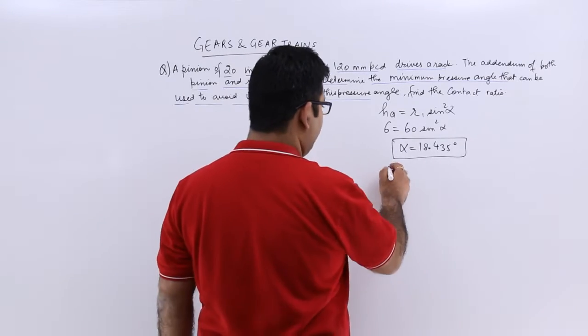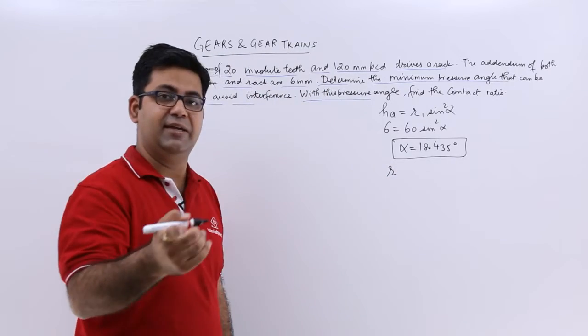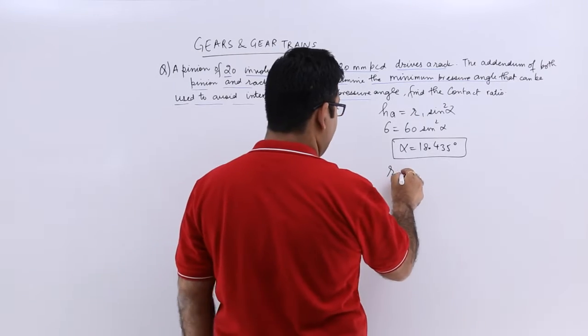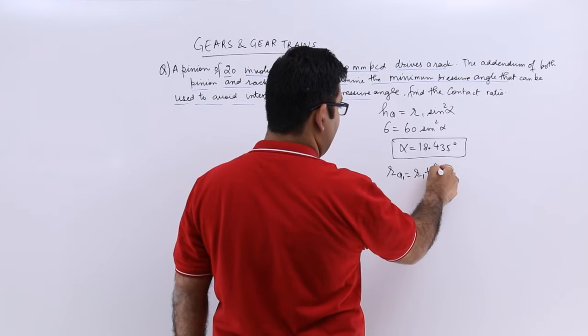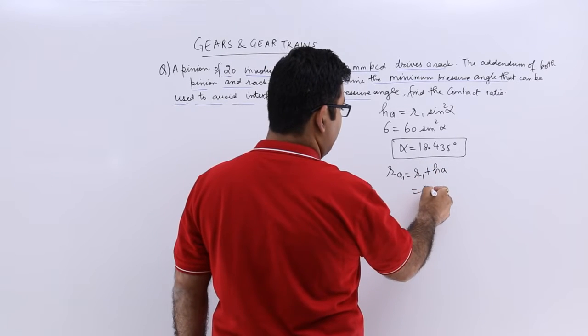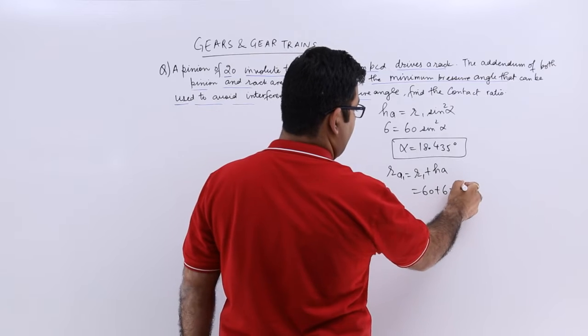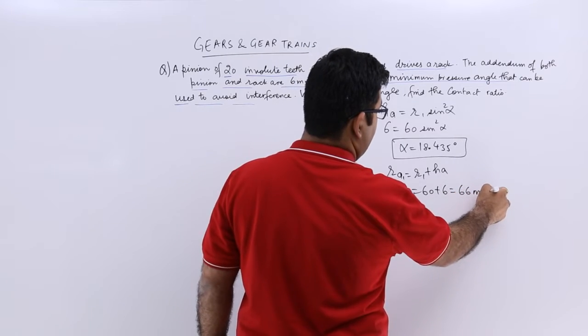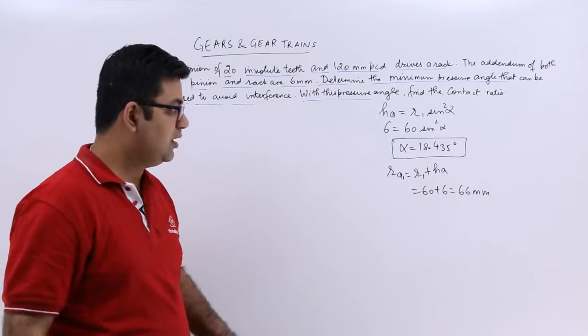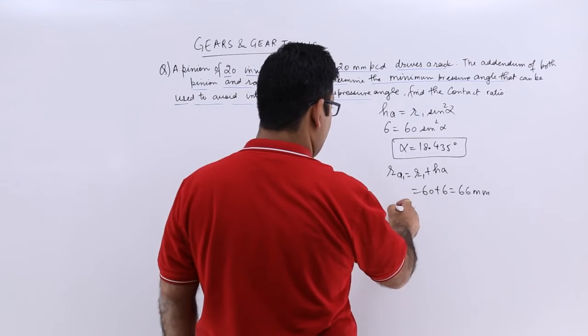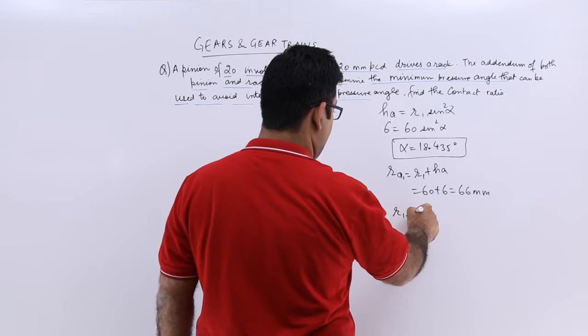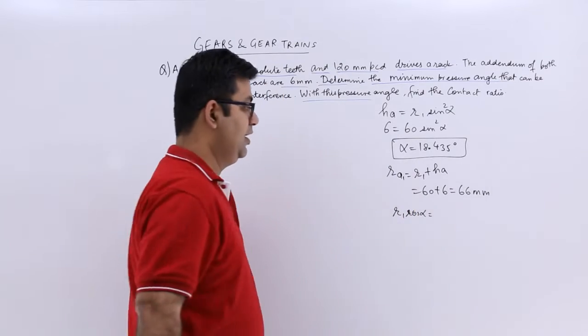Now if you want to find out the addendum circle radius, it will be RA1, which is R1 plus HA. It is 60 plus 6, which is 66 millimeters. I would also need the value for R1 cos alpha. Why?